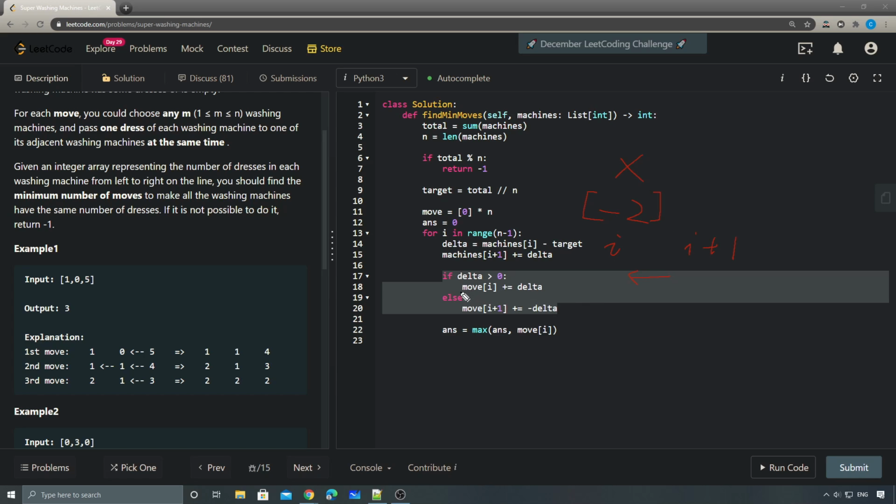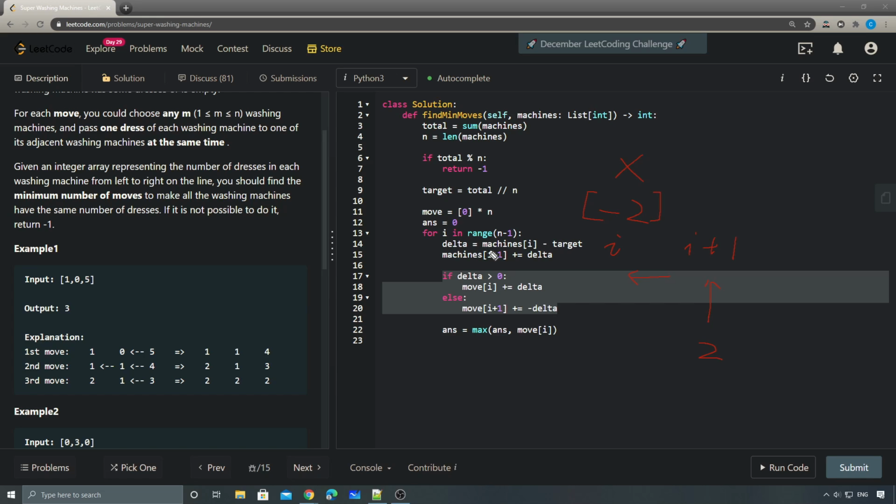About this part, let's say when we are at this i+1, at the beginning moves[i+1] already has 2, which means we have to move from this current location 2 addresses to the left.